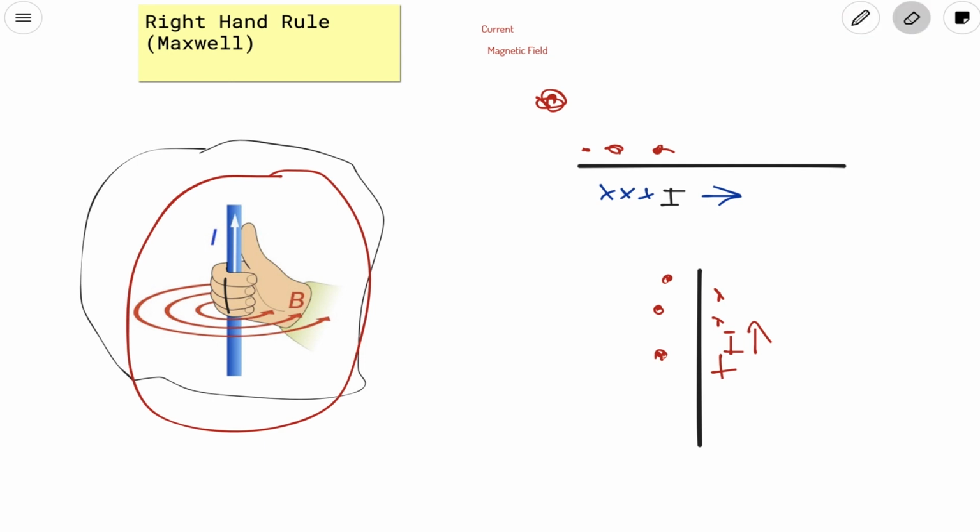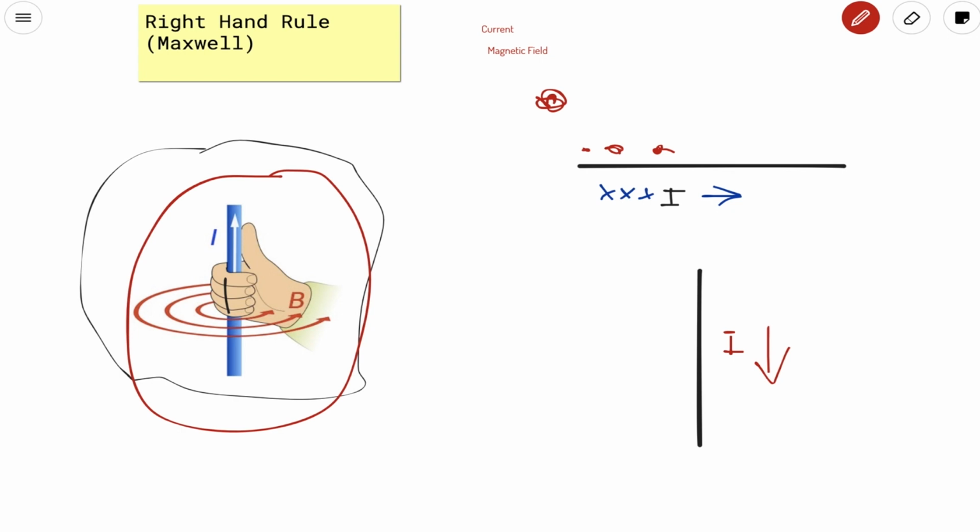Now let's do a different direction. So let's do going down. It's going down again. Now you're kind of in a position where your hand's disapproving, right? So your thumb is pointing down, and then you wrap around it.